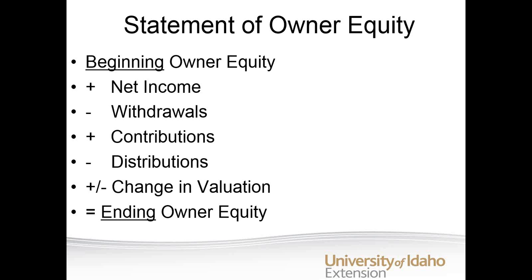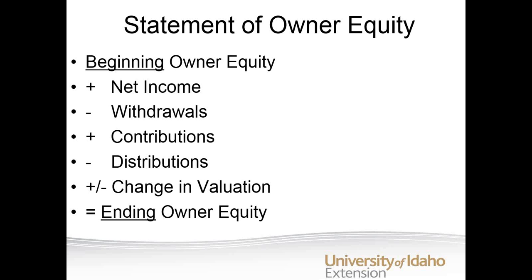Contributions might include inheritances or capital contributions from people in the business, retained earnings within the business through net income. They can include distributions, gifts to heirs out of the business, for example.